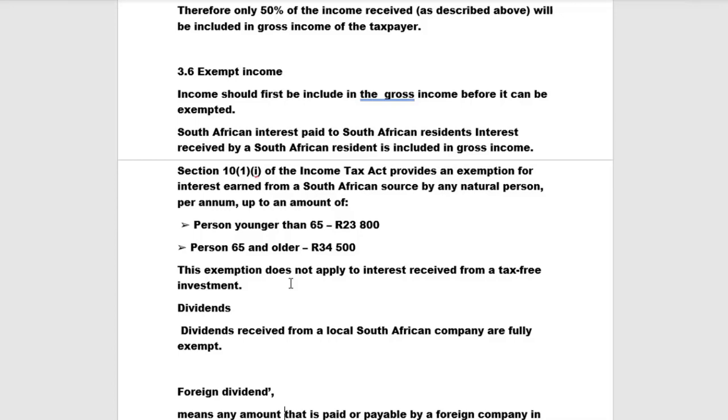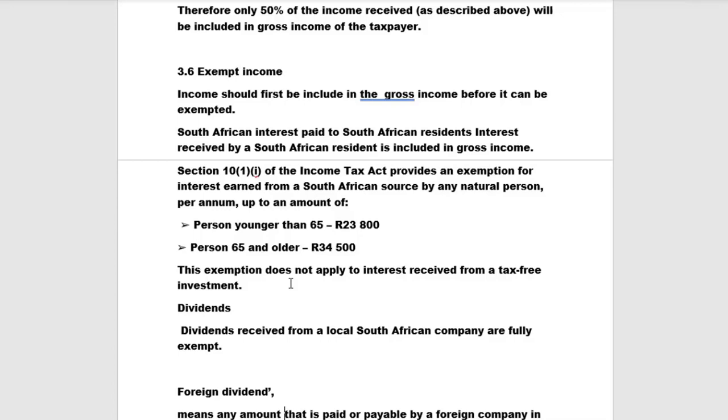And for a person who is 65 years and older, the limitation is 34,500. Bear that in mind. Every time you do your assignment, make sure that you write them somewhere bold where you can see, so that they will help you.